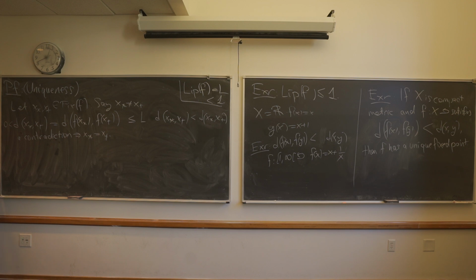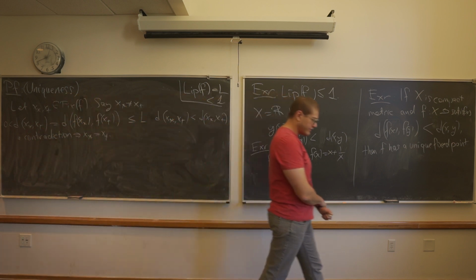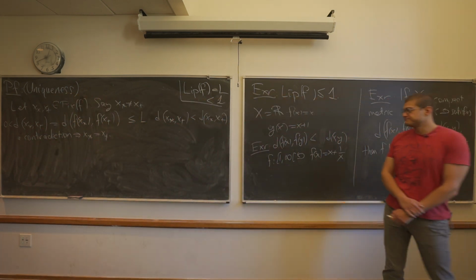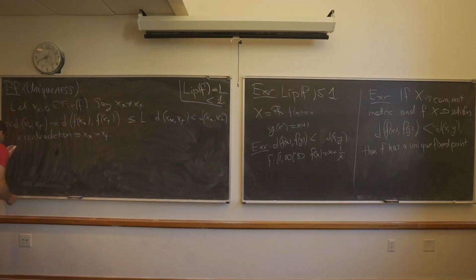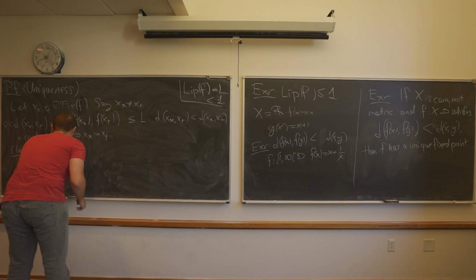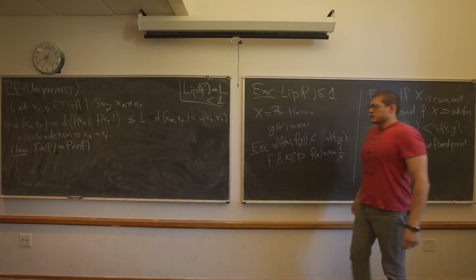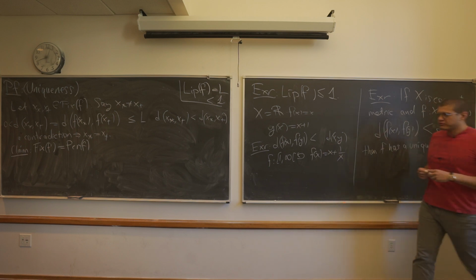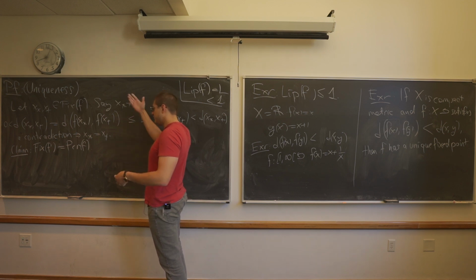Okay, now next I want to show, in fact, that the set of periodic points of f is the same thing as the set of fixed points. Now recall that the set of periodic points of f is the union of the sets of fixed points of any iterate.